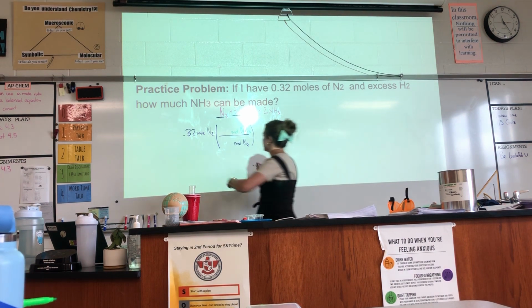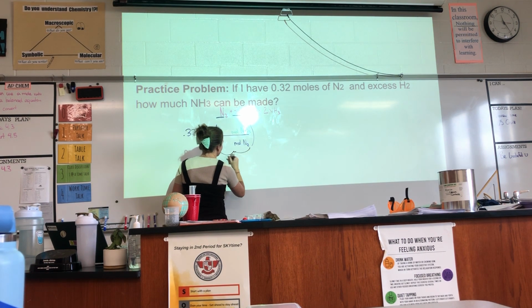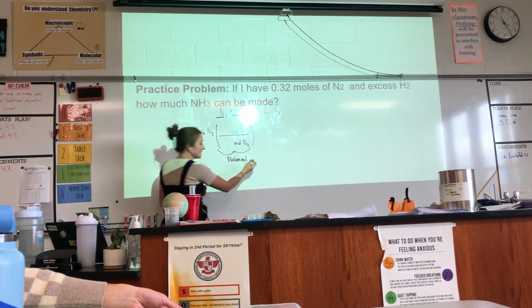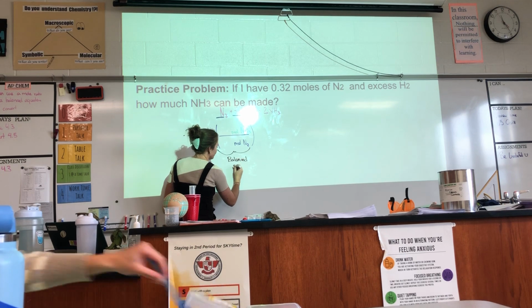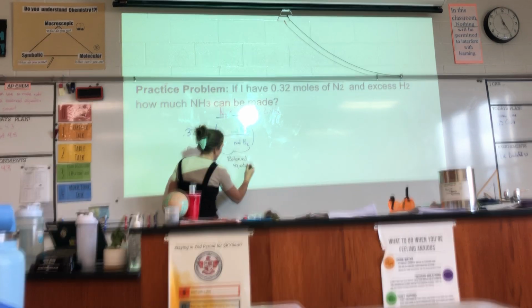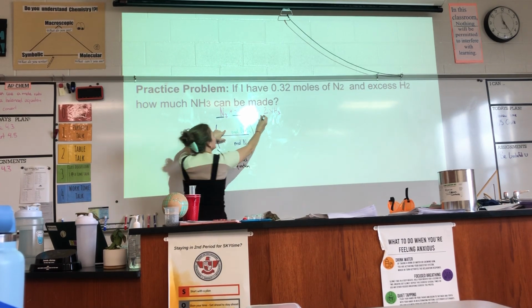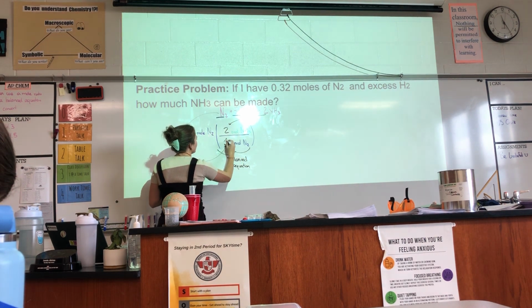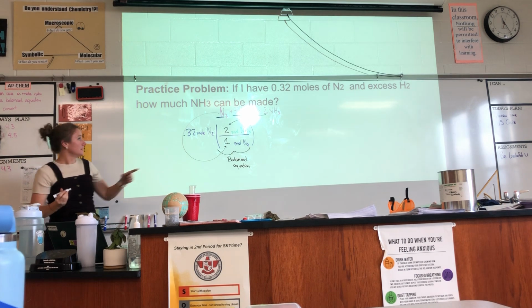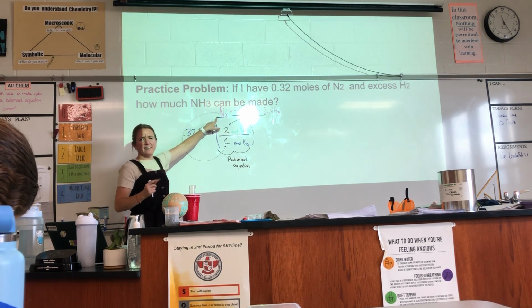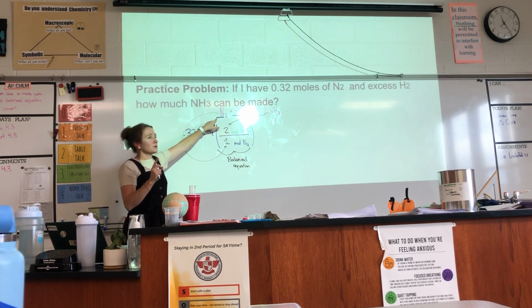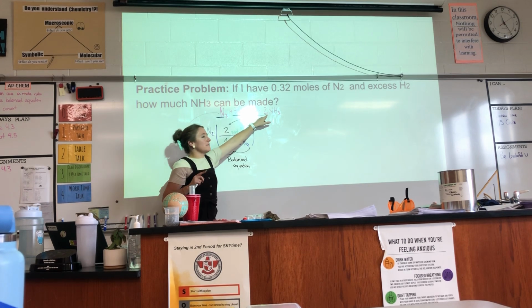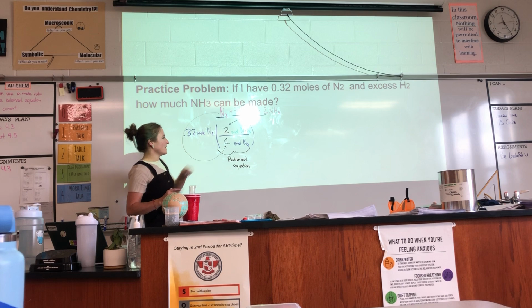The balanced equation, which is why we had to learn how to balance first. So the mole to mole relationship is always linked through the balanced equation. Have a smiley face, Jack. So in our case, it's 2 to 1. Because when there's nothing on the line, there's a 1 there, right? So for every one of these, it's going to make 2 of those. So that's where the 2 to 1 came from.